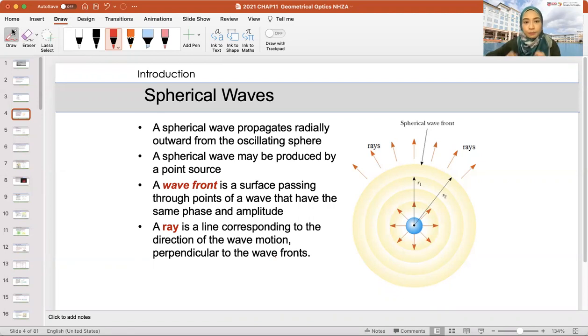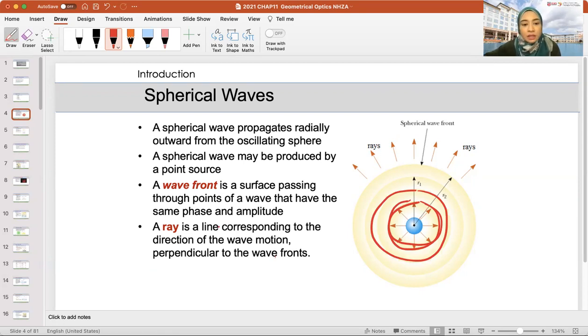Light also propagates outwards, and we call the light that travels through a surface a ray. I wouldn't say it's radius. This guy over here, benda lah yang kita panggil sphere hari tu, waktu kita belajar sound, is called a wave front.